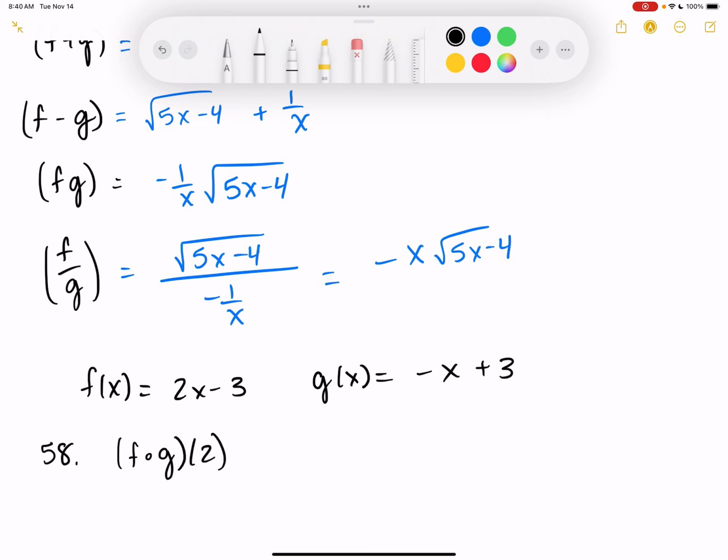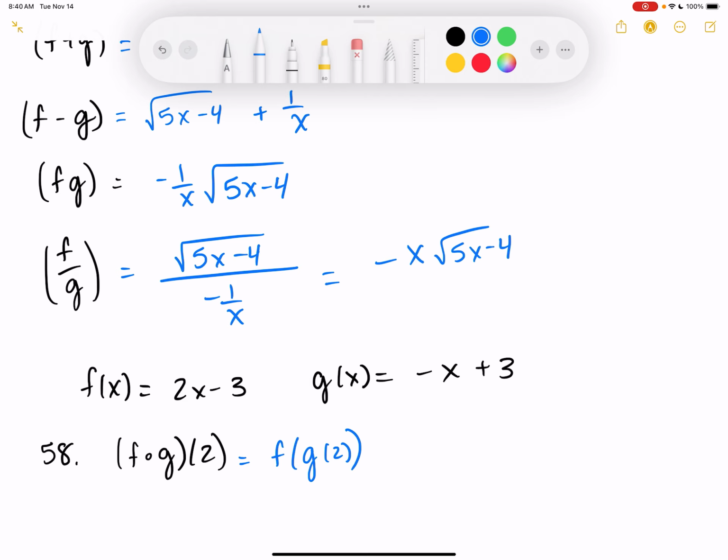The notation I like better with this is f of g of 2 written like this, because what this says is anywhere I see an x in g of x, I'm going to put a 2, and then when I get that answer, I'm going to put that in for x in f of x.